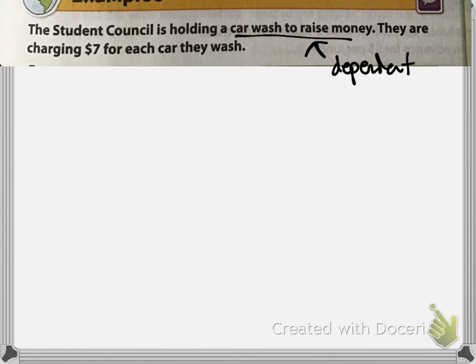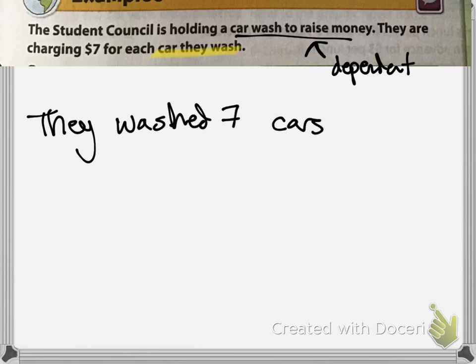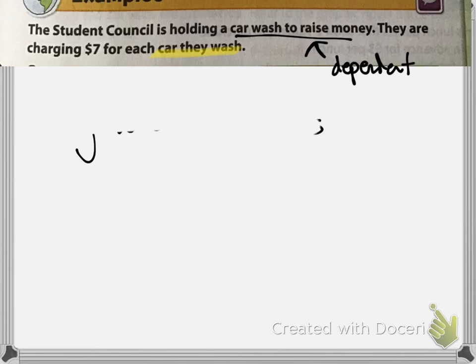So, for example, what don't we know here? What we don't know is how many cars they wash. Let's say I said they washed 7 cars, and honestly it could go either way, but typically that's the unknown variable because it would be on the opposite side.